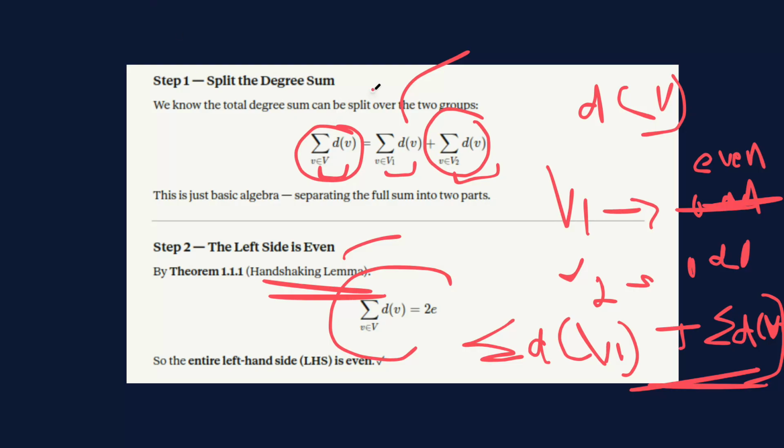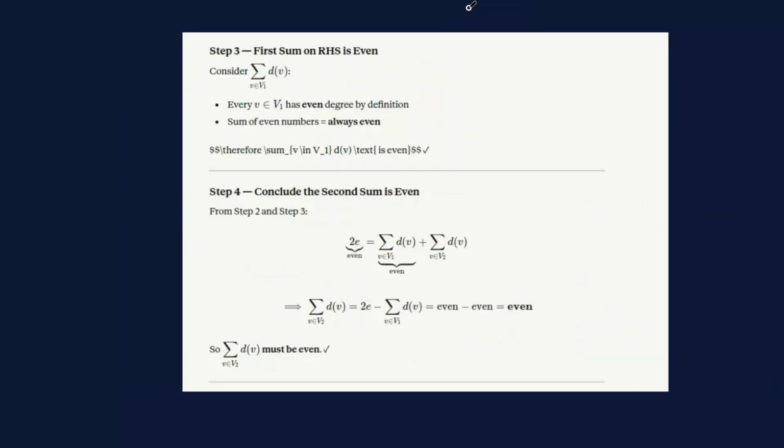So on this side of the equation you will get 2 times E, which is always even. This means this side is always even.